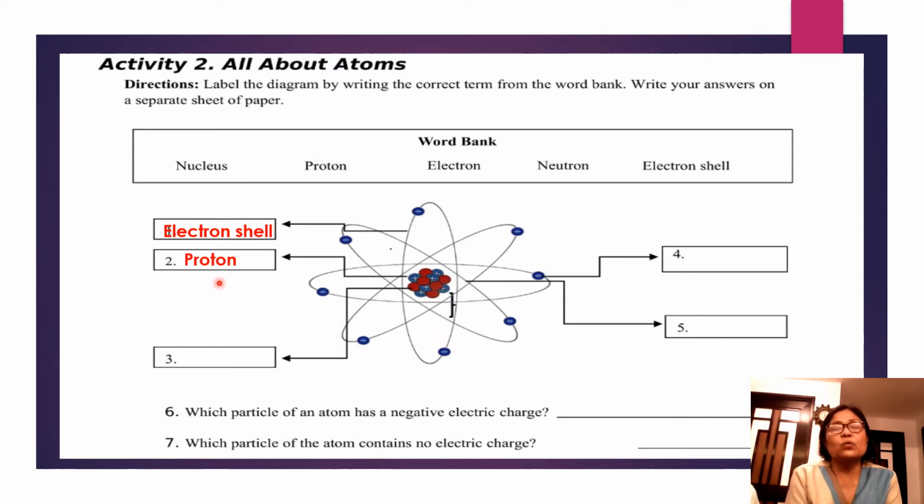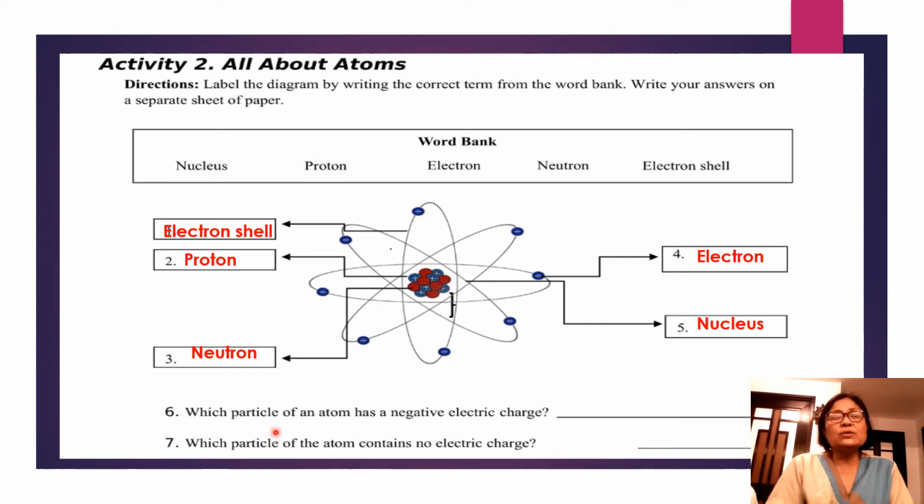In number 2, so class, what is your answer? This is proton. Very good. In number 3, it is neutron. So in number 4, this is electron. And number 5, the last one, is nucleus.